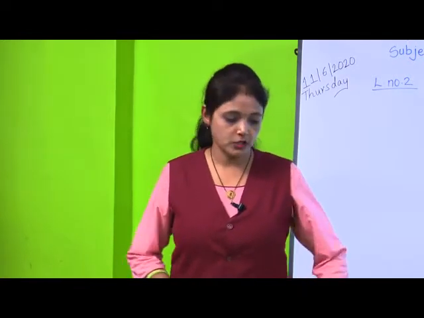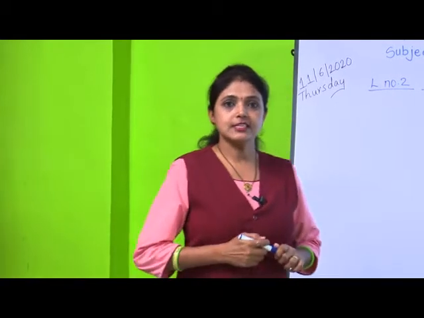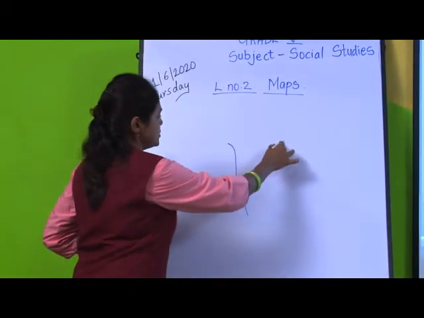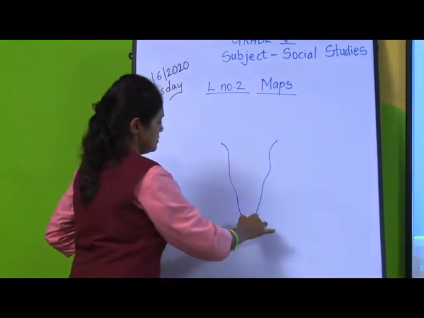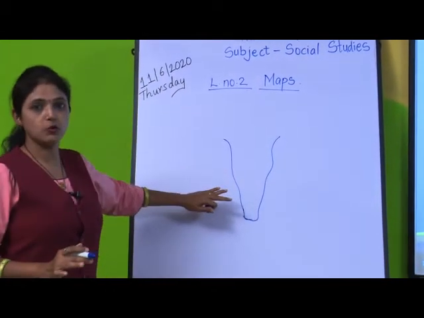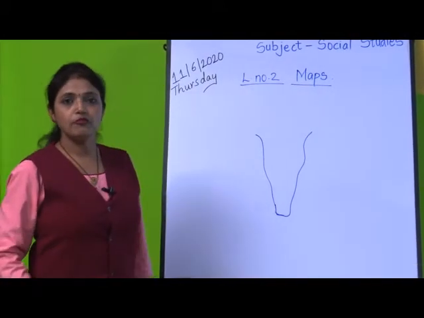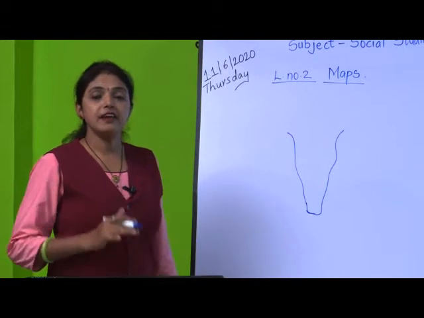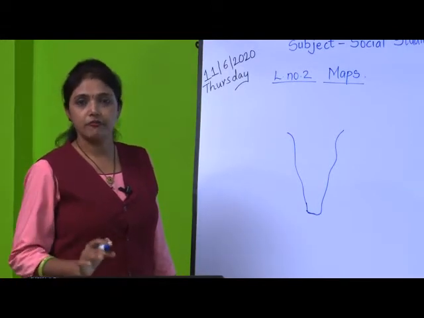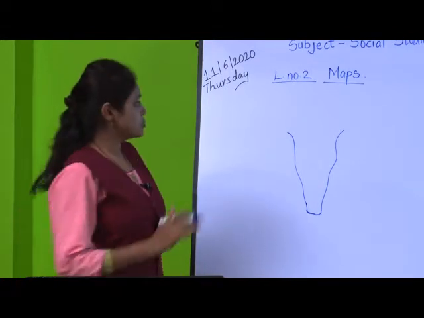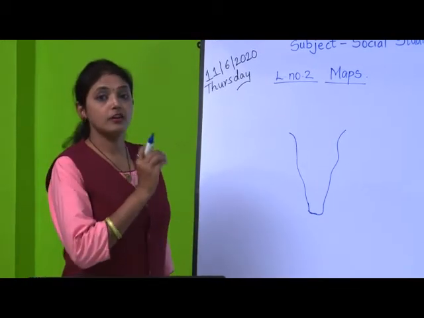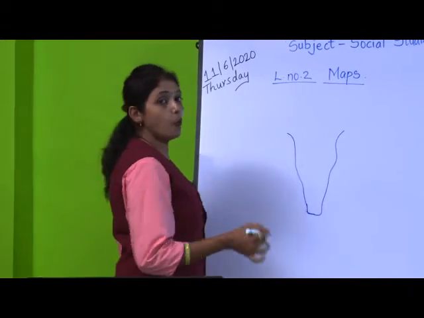Now, how is it possible? Suppose this is the map of India, I'll just show half, the south part. In India there are many agricultural places where crops are grown. If I want to show only the agricultural states where the crops are grown, what will I do?